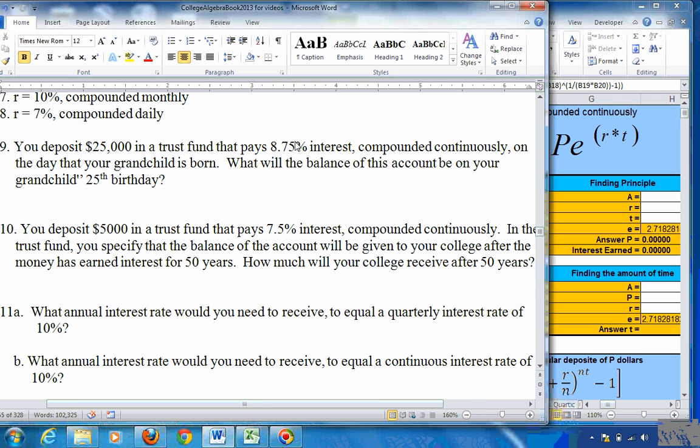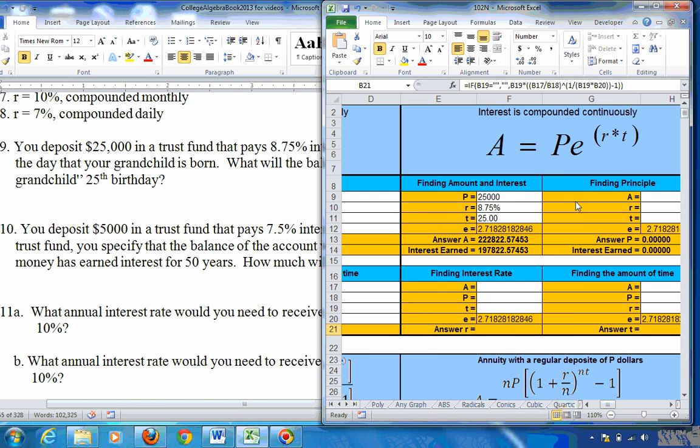Here's your interest rate, and it's compounded continuously, so we're using the right-hand side of the sheet. We're looking for a balance, how much money you end up with. So I put $25,000 in for P, 8.75% in for R. I actually typed in 8.75 with the percent sign, so you can do it that way, or you can type in 0.0875, no percent sign.